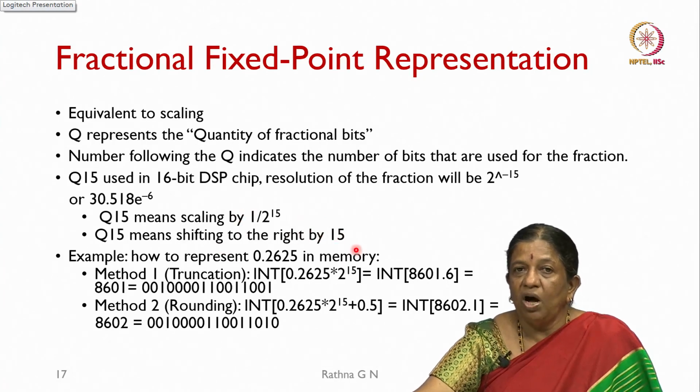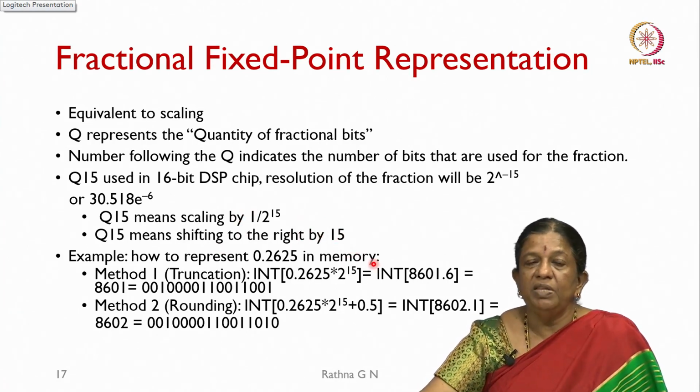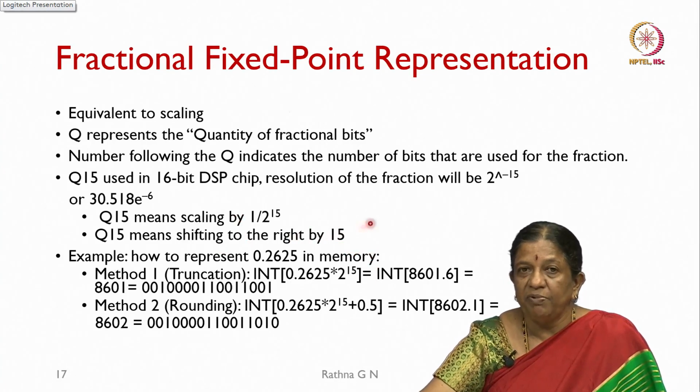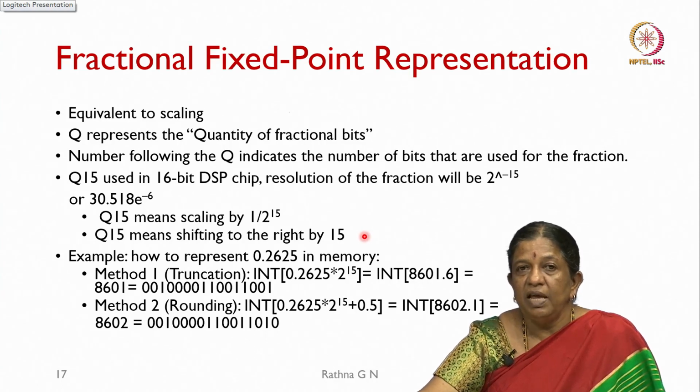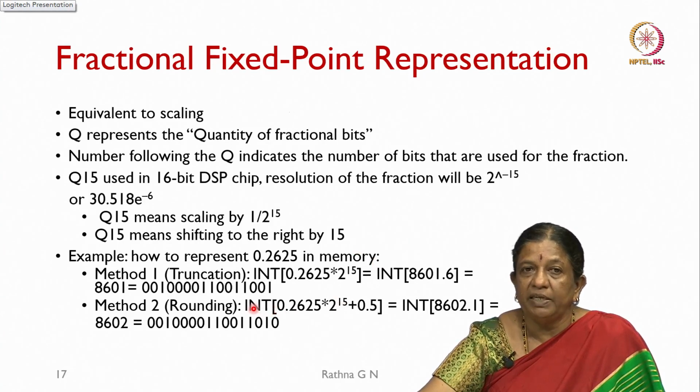How we will be incorporating this when I take up the architecture, we will come back to it, how I can do this shifting. Otherwise, each shift will cost us a clock cycle. So, I need 15 clock cycles to do a 15 bit right shift, but we will be doing it in one clock cycle. We will look into this in the architecture when I take it up.